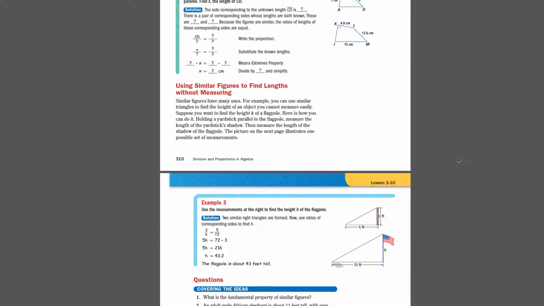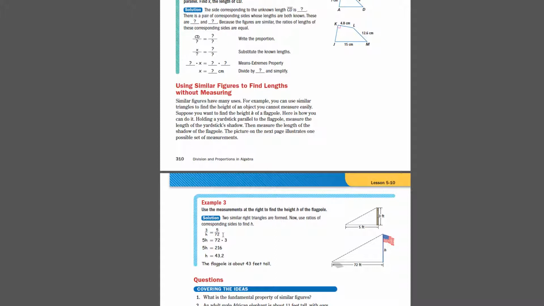Much like we did in the other case, the unknown height was h. In this case, we used corresponding sides. 3, the known height of our triangle, is to the unknown height h, as our known length of our triangle, 5, is to our known length to the flagpole's base, which is 72.